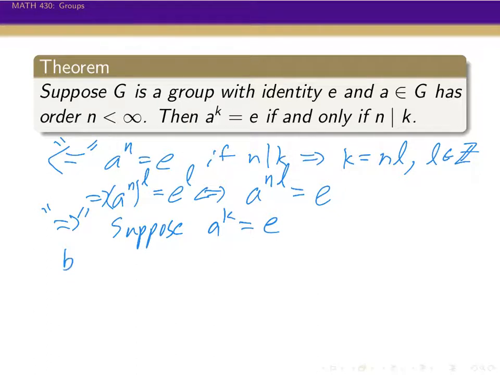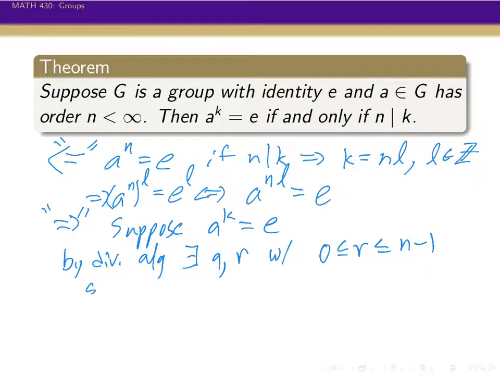By the division algorithm, there exists a q and an r, with r between 0 and n minus 1, such that k is equal to n times q plus r.